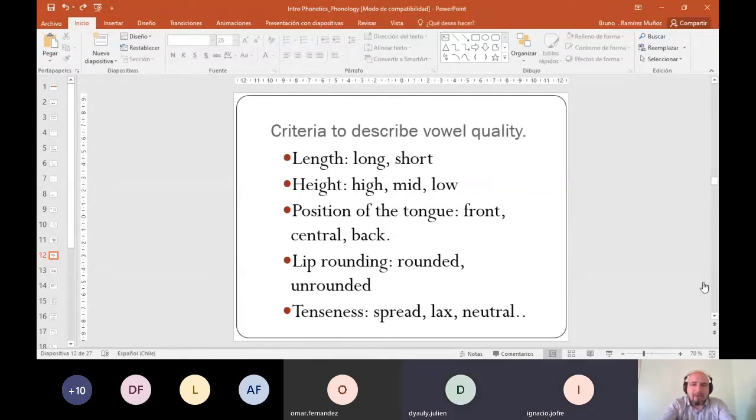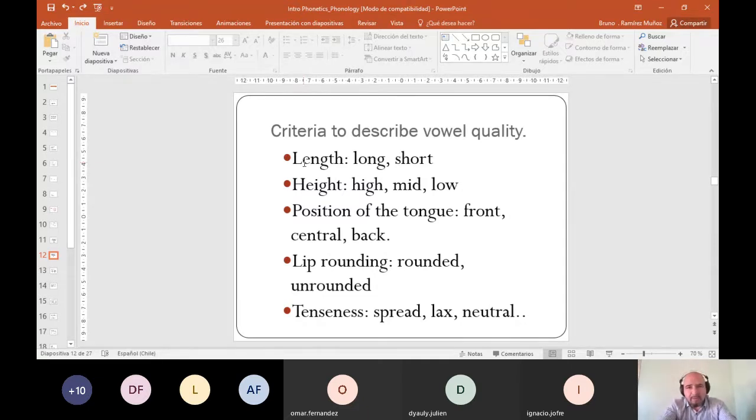Okay, so what you're seeing now is basically the criteria to describe the vowel quality, which is just what I mentioned, right? The length, the height, the position of the tongue, lip rounding, and tenseness. I want you to get familiar with these because I think that next week we're going to have a short quiz, okay?